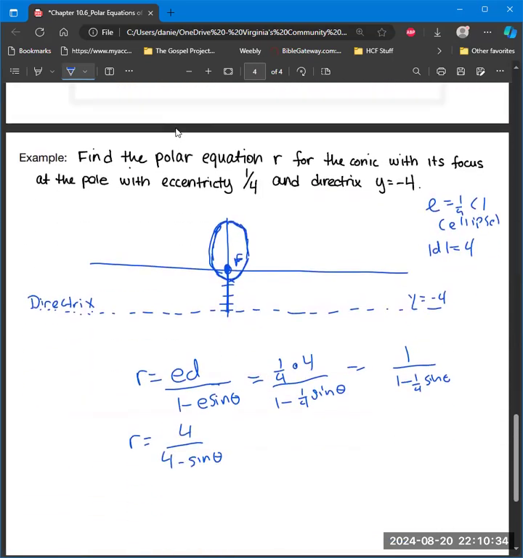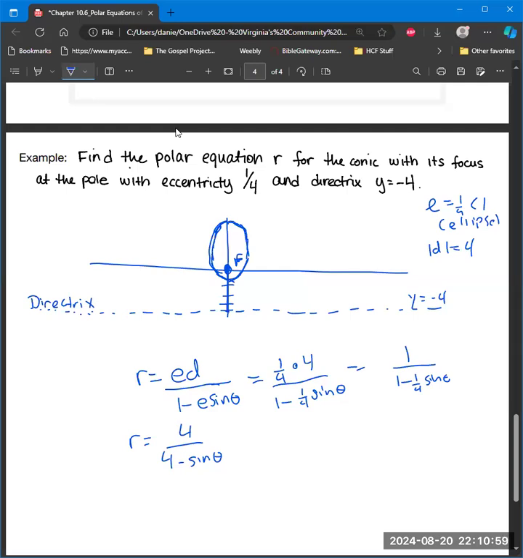So let's do an example here. Best drawing that I could do, freehand. We're going to find the polar equation r of the conic with its focus at the pole right here, an eccentricity of 1/4 and a directrix of y equals -4. So I drew that directrix, y equals -4, down here.